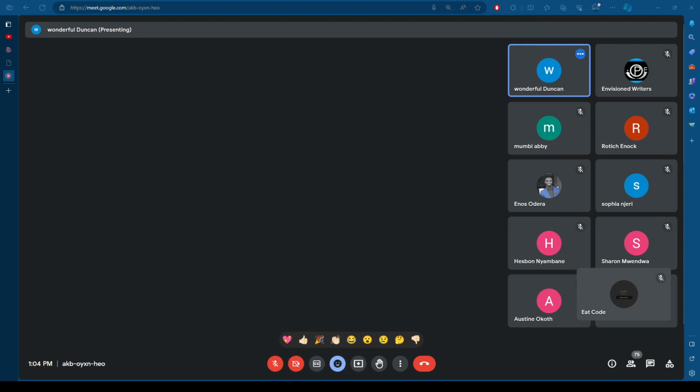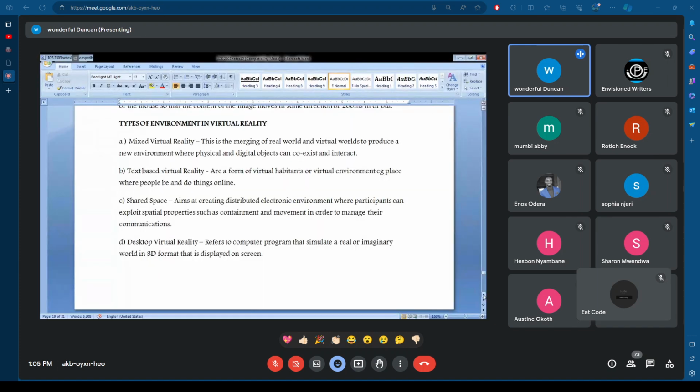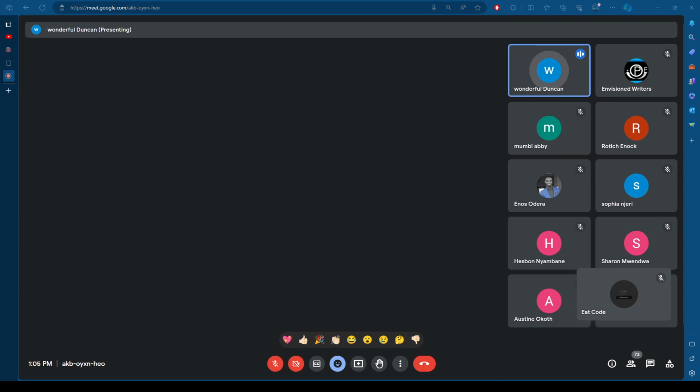We have another environment, we call it the shared space. This is an example, like the way we are in our group, tunaweza kuwa na space on the internet where we post or we put information relating to what we do, relating to multimedia.